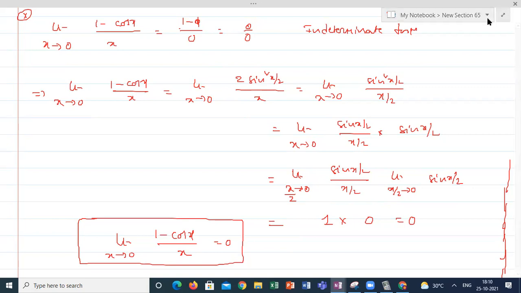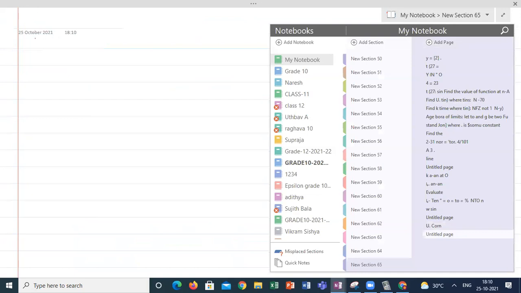Now, limit x tends to 0 tan x, or limit theta tends to 0 value of tan theta by theta. If I substitute directly, 0 by 0 is an indeterminate form.